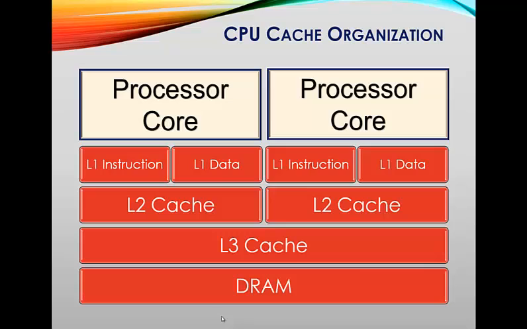And then finally, all of your cores, in this case the two cores that I have here, have access to a level 3 cache, which is hosted off chip of my CPU, and that cache is much larger.